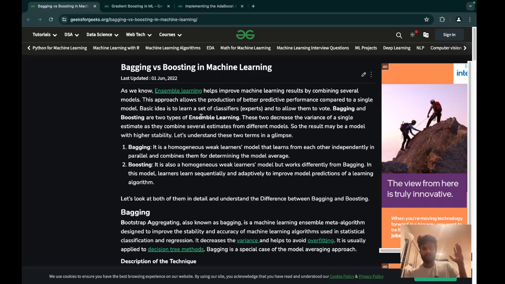If you're using multiple models, you have multiple sets of these probabilities, and you either average them and then do the classification, or you give weights to each of these models' outputs and then take the winner out of it.